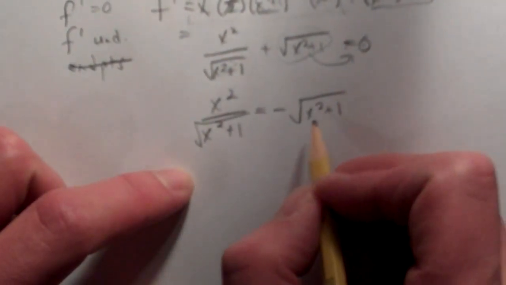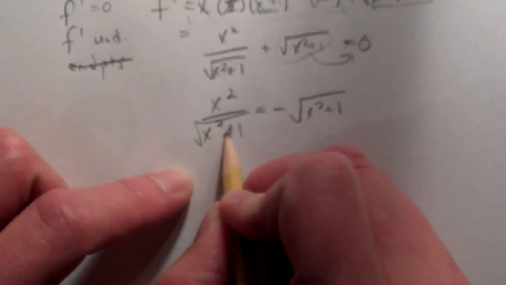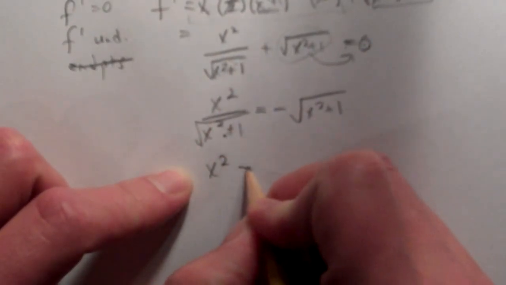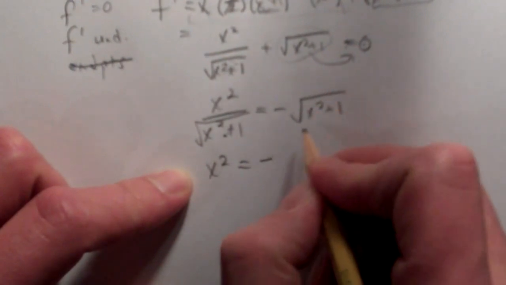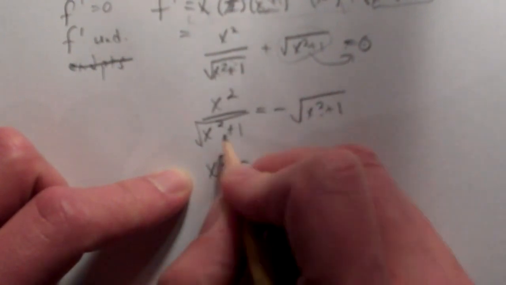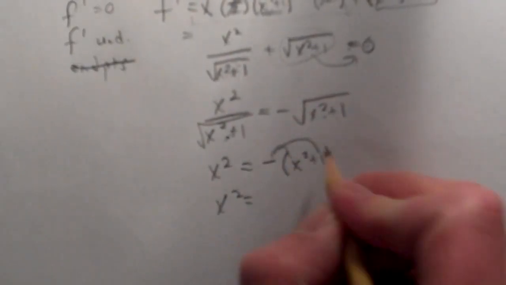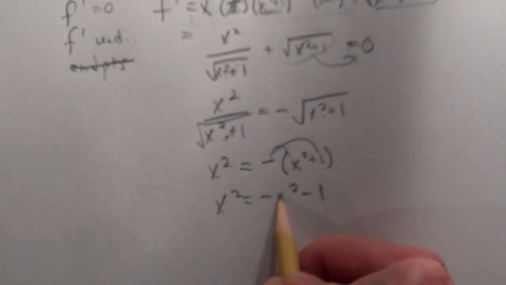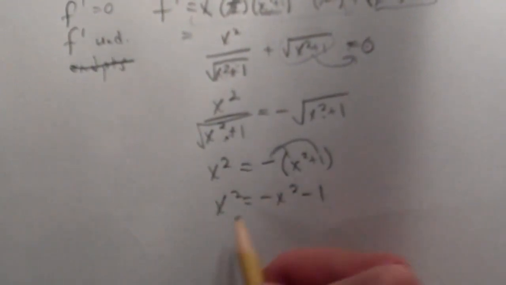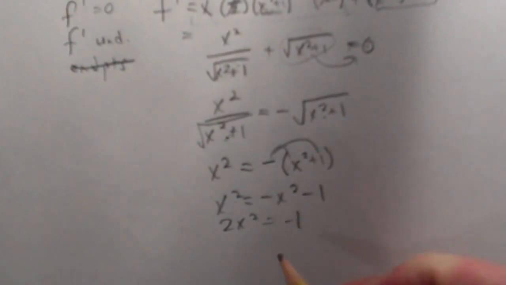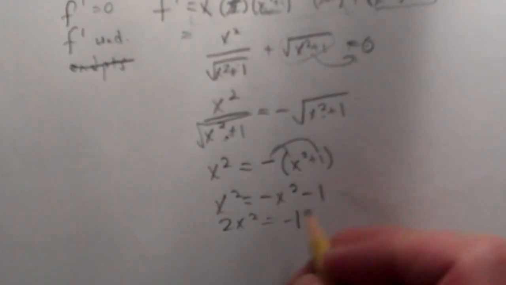If we multiply both sides by this radical, we get x squared on the left, and on the right, multiplying a square root by itself just gives you the radicand, the stuff inside the radical. So we get x squared equals, distribute that through, negative x squared minus 1. If you add this x squared over, you get 2x squared is negative 1. Maybe you can see where this is going.